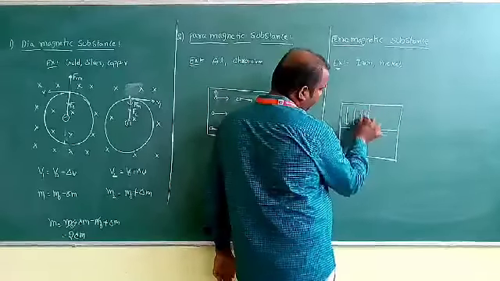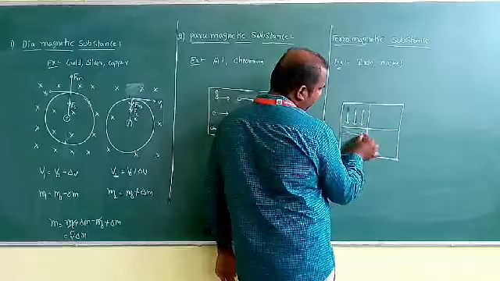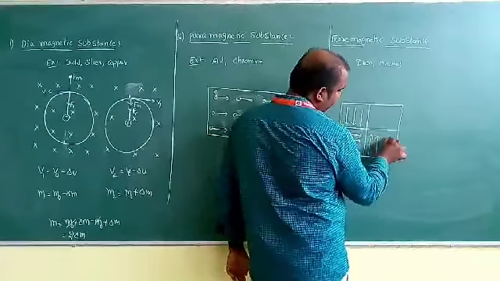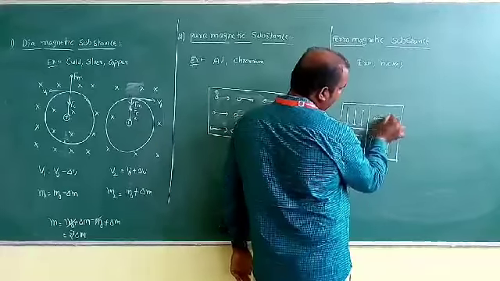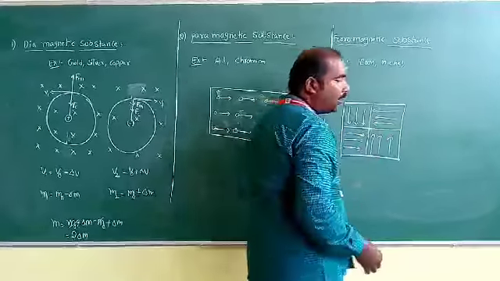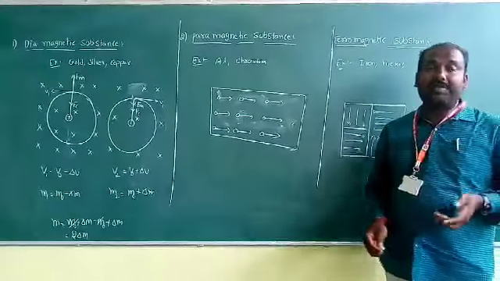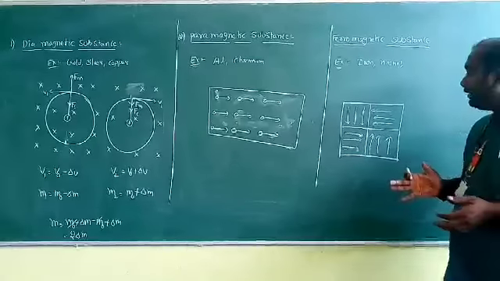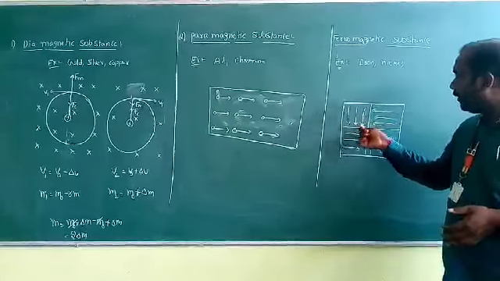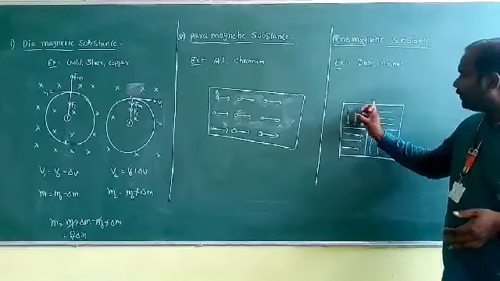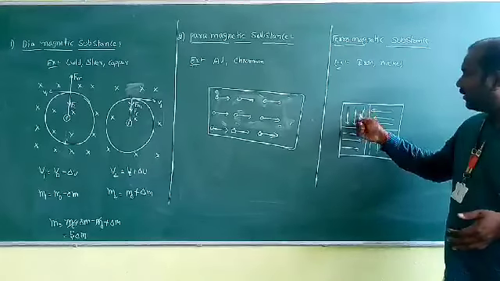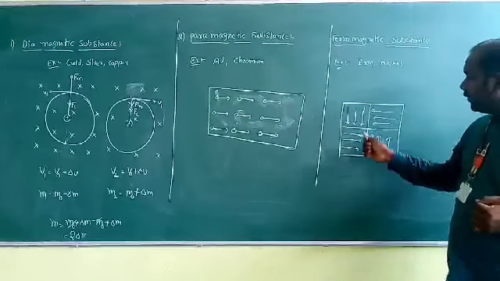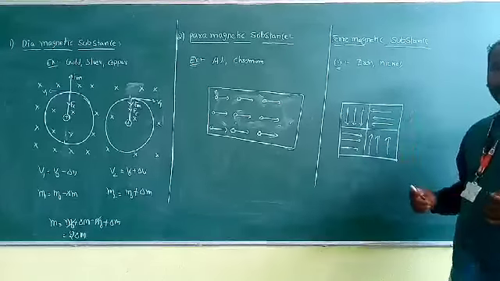Initially, this is one particular domain, this is another domain, and this is another domain. A domain is nothing but a small region in which a large number of atoms are present. In this particular domain, all these atoms are aligned in one particular direction. That is the reason each will have one particular dipole moment. Similarly, this is another dipole, and this is another dipole.